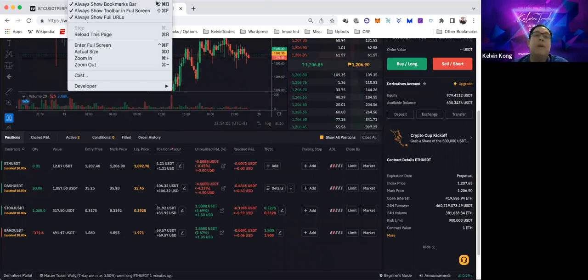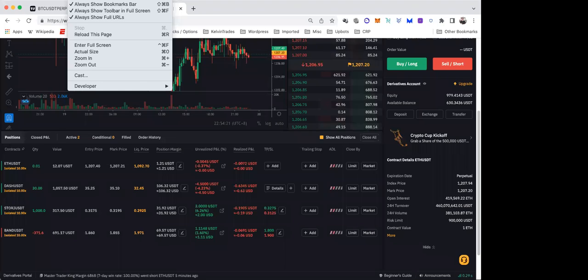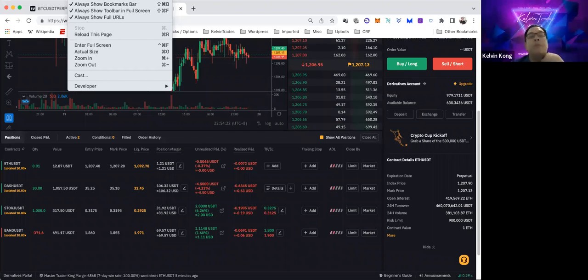When you go up, you will see a menu: file, edit, view. When you move your mouse to view, a menu will drop down. You can see actual size, zoom in, zoom out.